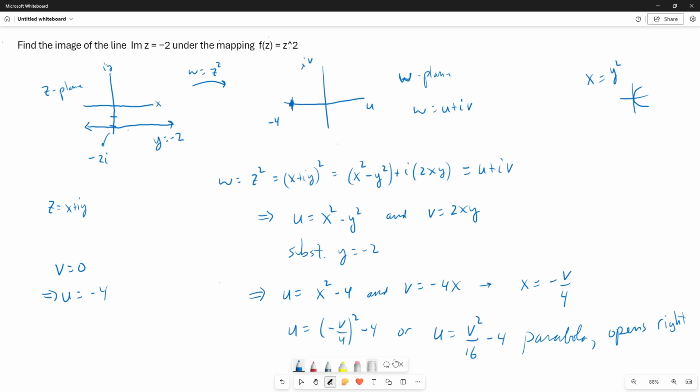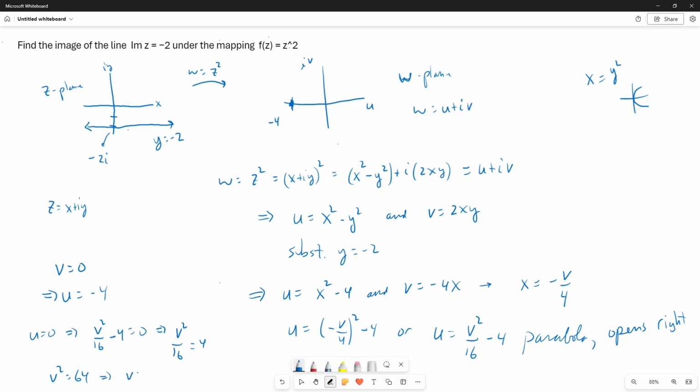And if u is equal to 0, then that means that v squared over 16 minus 4 is equal to 0. And solving for v will give us v squared over 16 equals 4. V squared equals 16 times 4, which is 64.